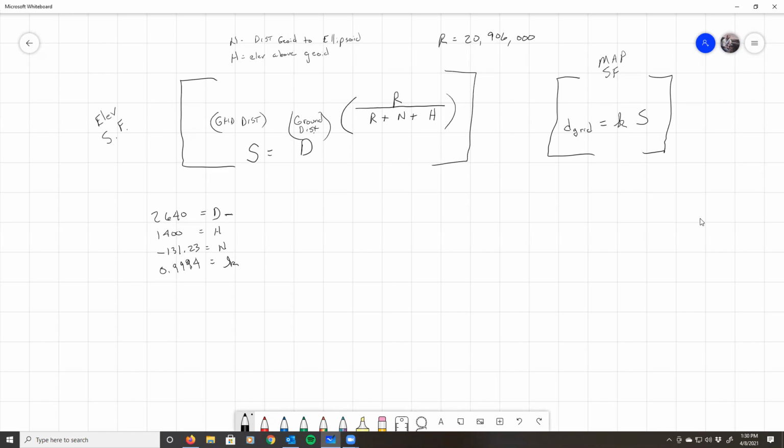So the way we go about this is that first you calculate the grid distance based on elevation.